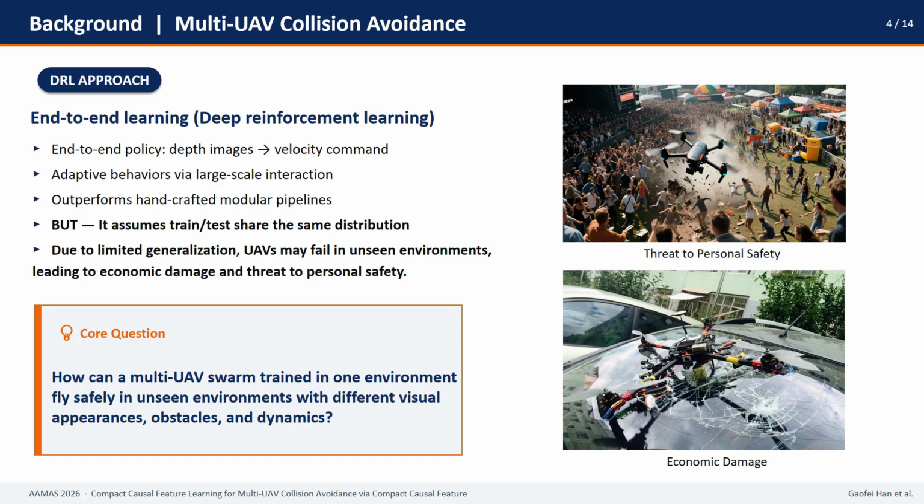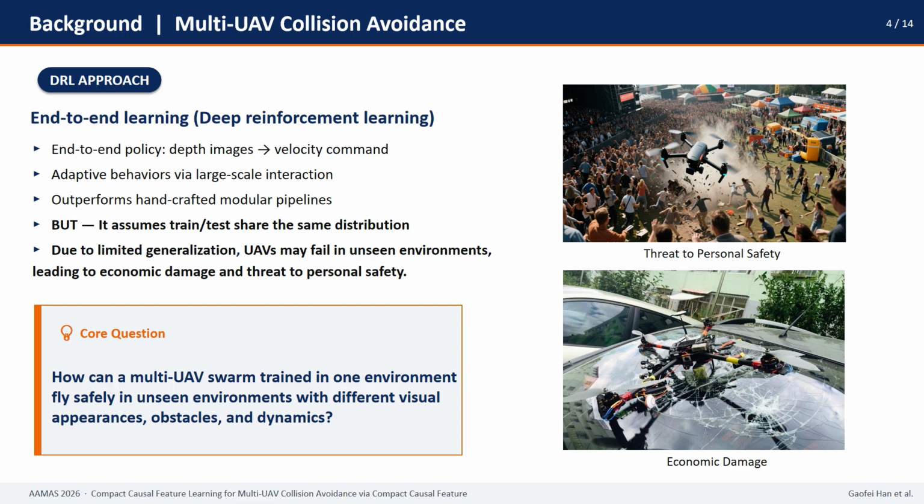Recently, deep reinforcement learning has become a popular paradigm because it learns end-to-end policies directly from depth images, outperforming handcrafted pipelines. However, DRL implicitly assumes the train and test distributions are the same, which rarely holds in the real world. Due to limited generalization, UVs may fail in unseen environments, leading to economic damage and threat to personal safety.